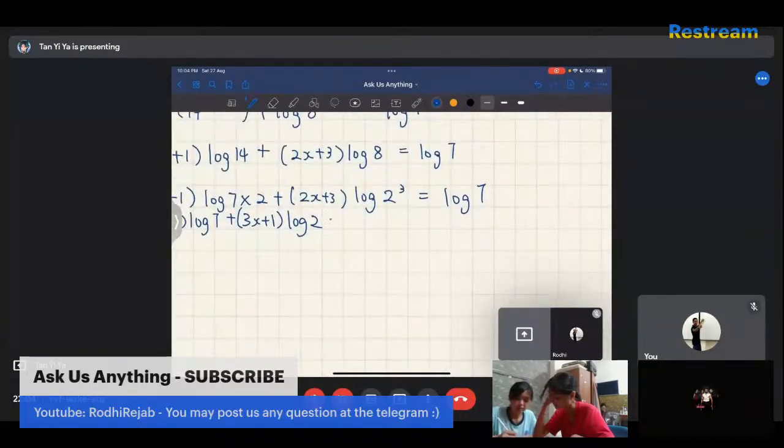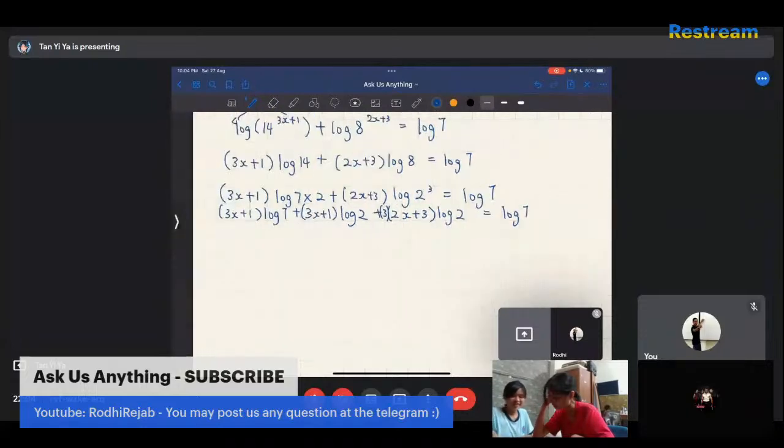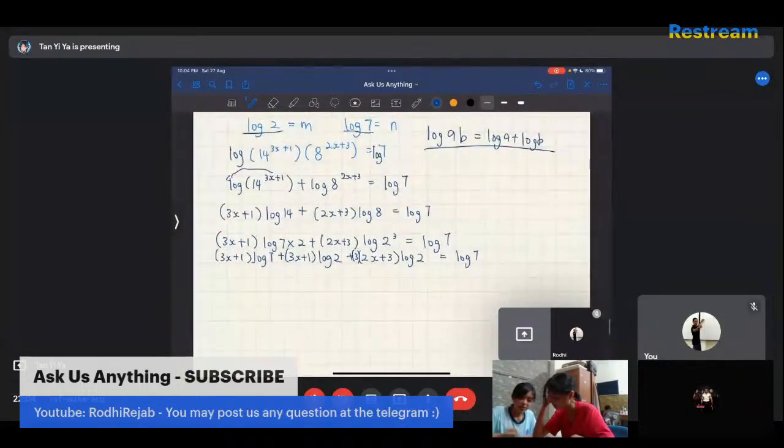Then plus 2x plus 3, times 3 log 2. Bring the power here. Then we already reached our goal.